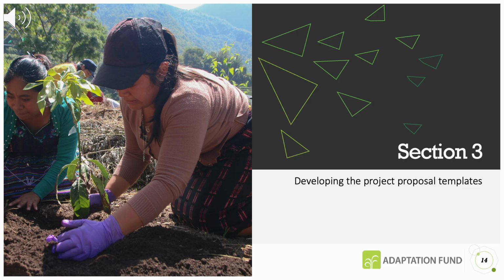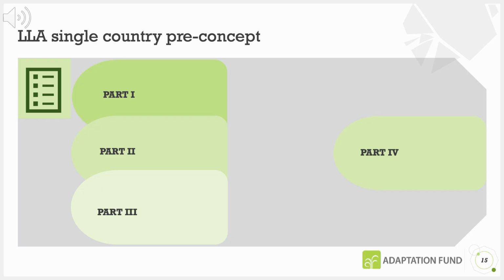Section 3. Developing the project proposal templates. Step 1. Pre-concept. The LLA pre-concept proposal has 4 parts. Part 1. Project Program Information. Part 2. Project Program Justification. Part 3.